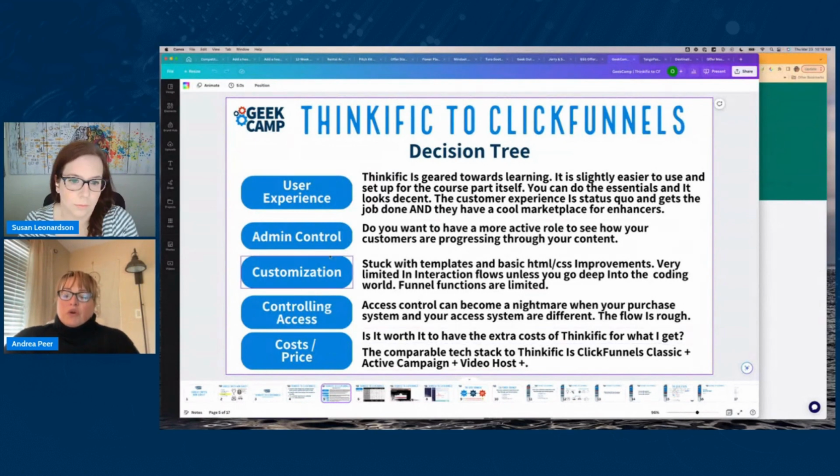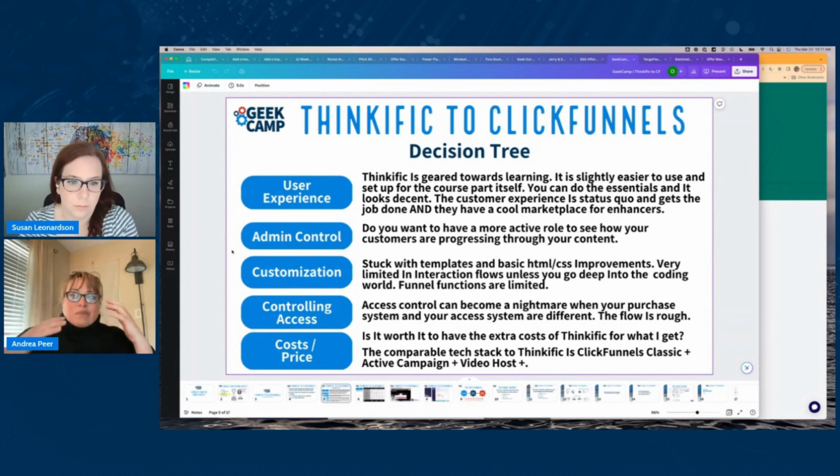For admin control, this is absolutely so similar to Go High Level. If I said, hey, if you want a whitelist, that is your only solution, right? Same with Thinkific. If you are really big on wanting the admin control to see where your customers are, what did they pass, what did they not pass, what videos did they consume, how far did they get?